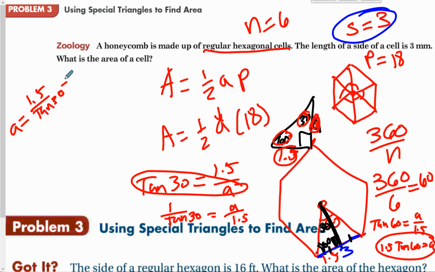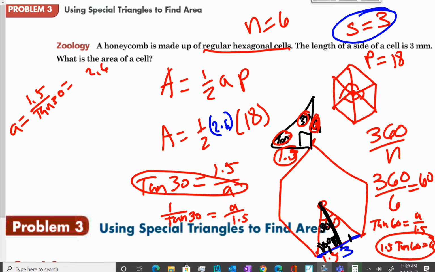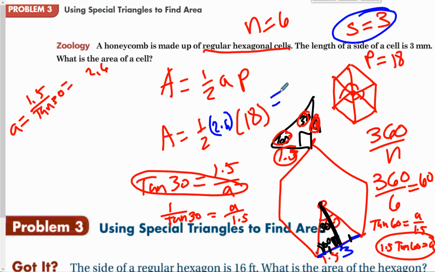So then I can plug it in here. And now I can just multiply that 1/2 times 2.6 times 18. And so that equals 23.4 square millimeters. Okay, so there's our answer.